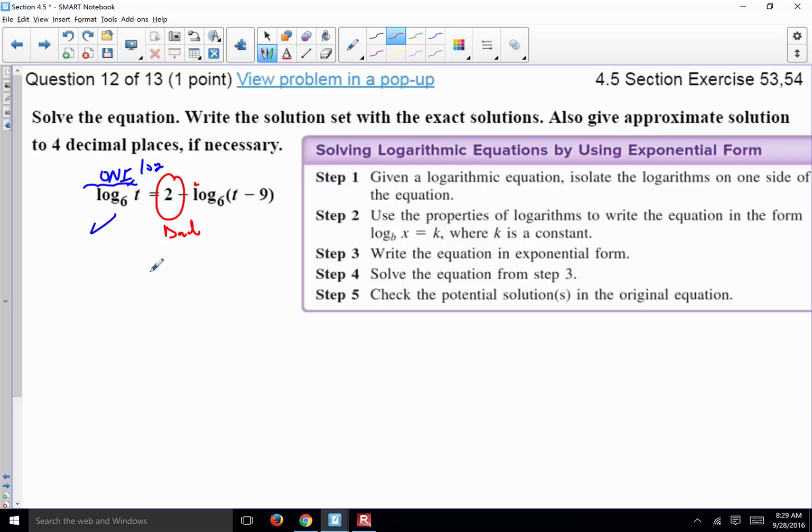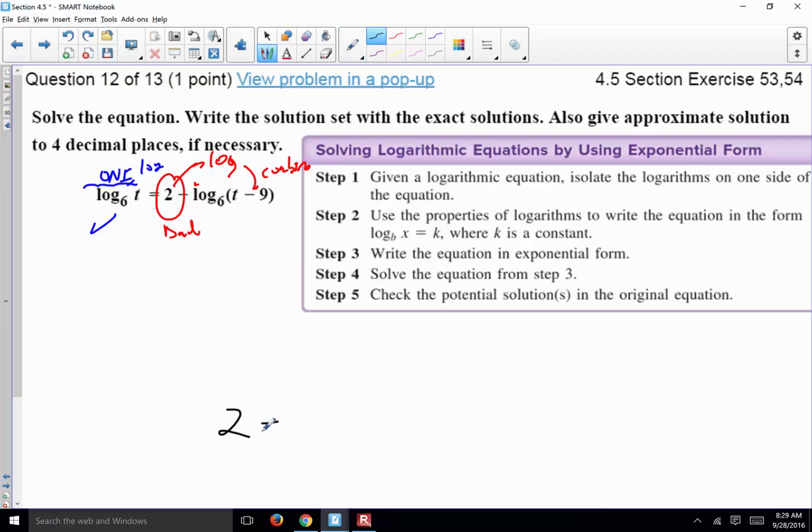Okay, what shall we do? Alright, there is an option, but it's too long. You can turn this into a log and combine these two together and make my earlier method work. You can turn 2 into a log.